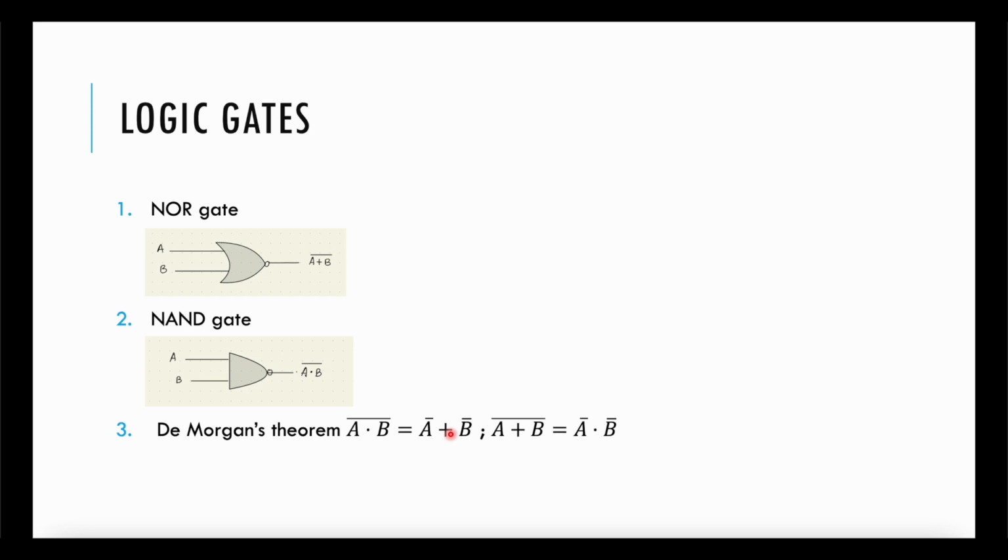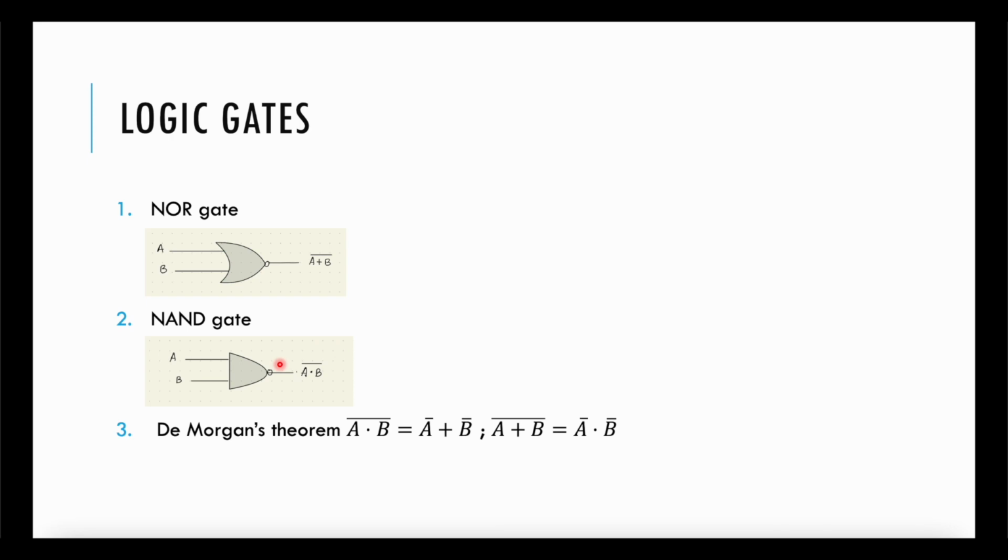Now there are two logic gates that are used in every problem consisting of logic gates. One is the NOR gate, which looks like this, and the output is A or B and the NOT of whole thing. So NOR gate consists of one OR gate and a NOT gate, and NAND gate looks like this, and the result is A and B and NOT of the whole thing.